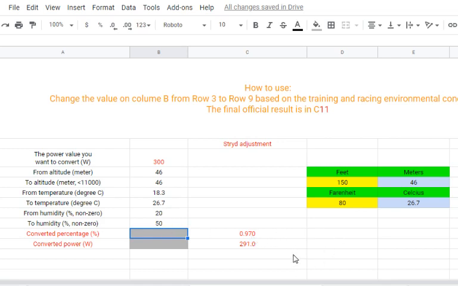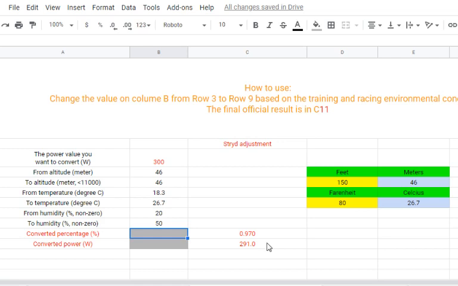They have a 3% loss in power. Then you take your revised CP, plug that into whatever way you're generating your workout intensities, and base it off of a 291 watt FTP.